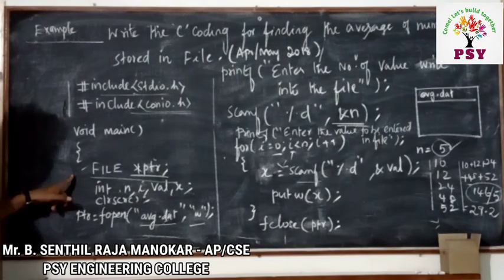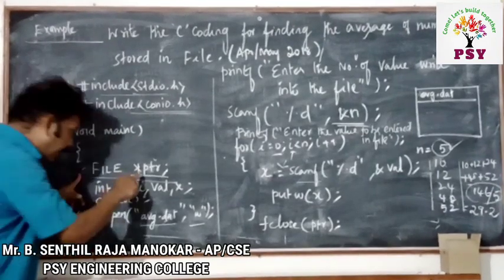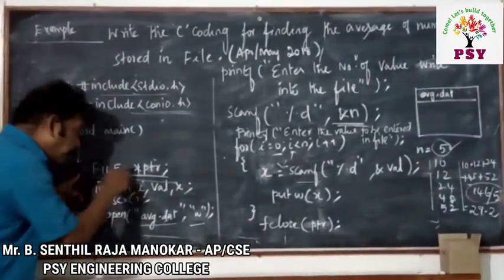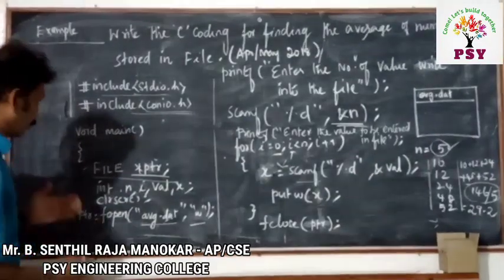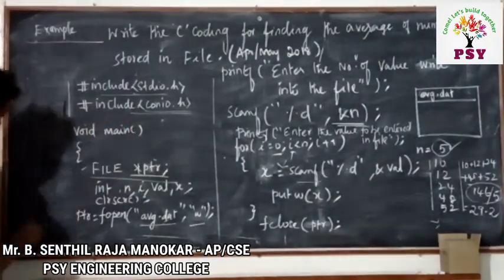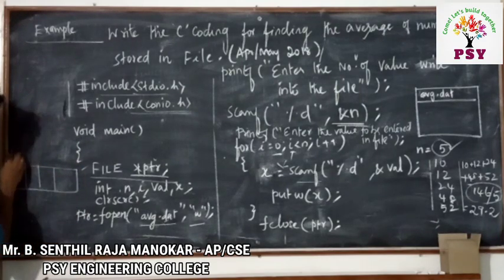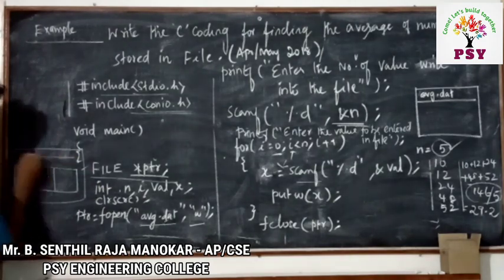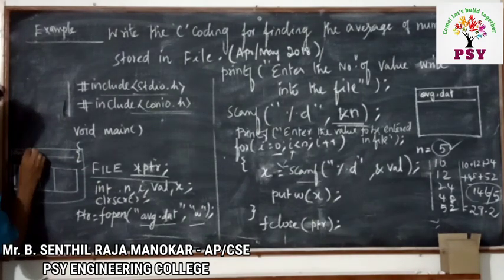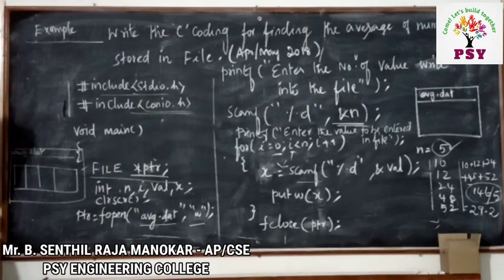You know very well, while creating a file, I must use a pointer variable. The pointer variable is a file pointer variable which is used for pointing to the values. For example, if it is a sequence in the file, the values will be stored in the file like this. This will be our avg.dat file.